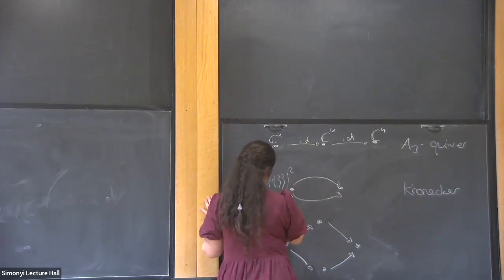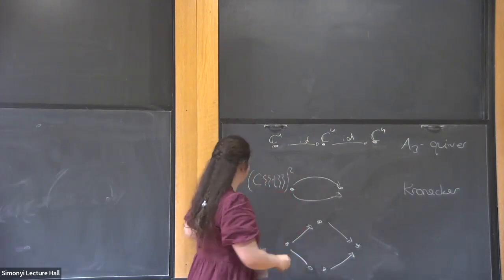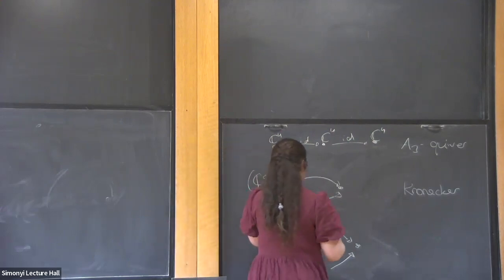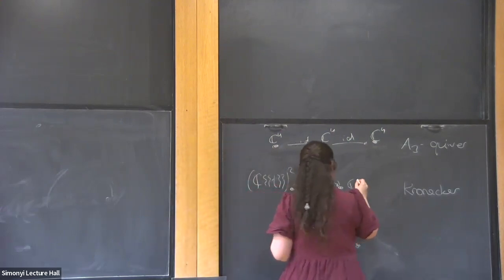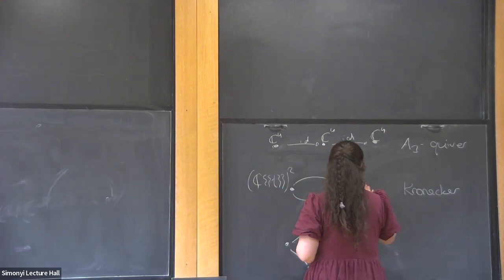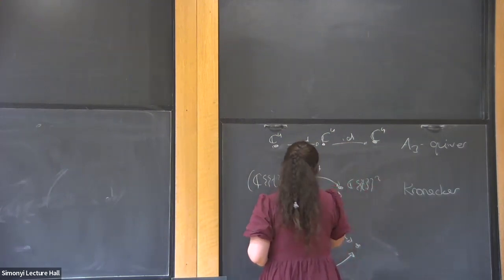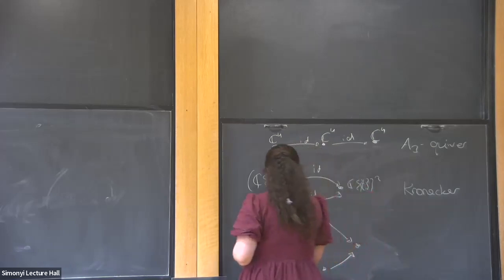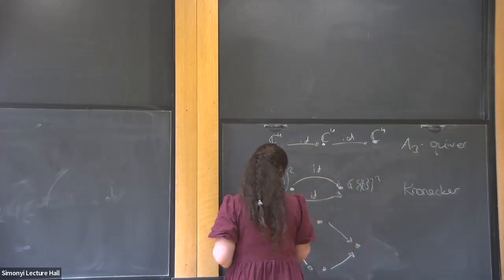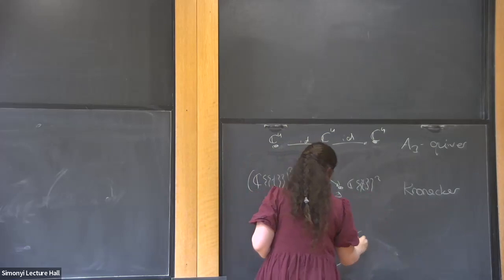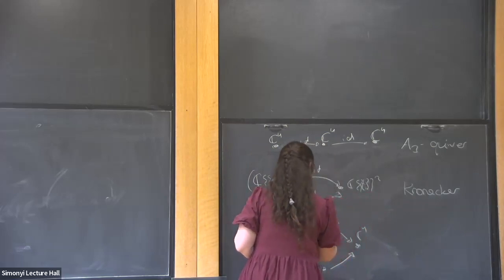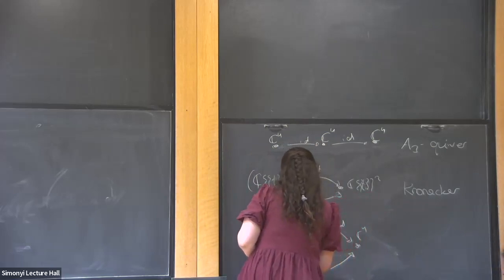So I'm going to associate the Puiseux series over C to the 2 to this vertex, and the same to the other vertex on here, with identity maps. And on the last quiver, I'm going to associate C^4 again and identity maps to all of mine here.